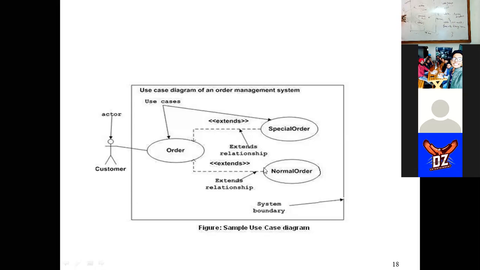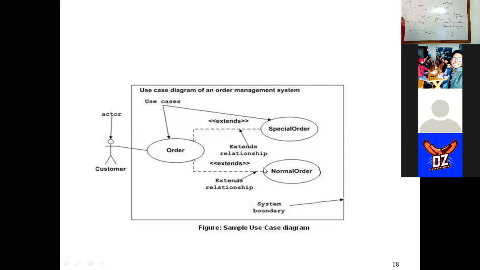This is the system boundary. These are the actors. These are the use cases. So a use case diagram consists of actors, use cases, and their relationships with other use cases.